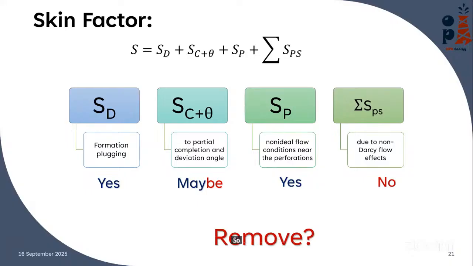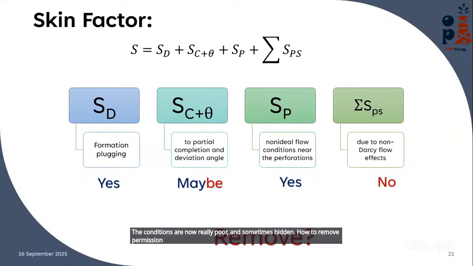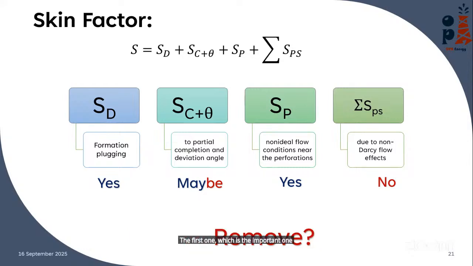So sometimes you can remove the skin factor or enhance the conditions around the well bore, and sometimes you don't. How to remove formation plugging? The first one, which is the important one, we always do some treatment by acidizing, by fracturing, a lot of stimulations intended only to remove this plugging.